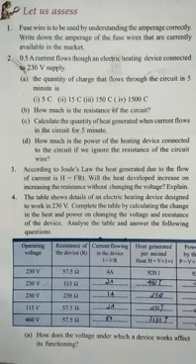So the first question in your textbook is, fuse wire is to be used by understanding the amperage correctly. Write down the amperage of the fuse wires that are currently available in the market.